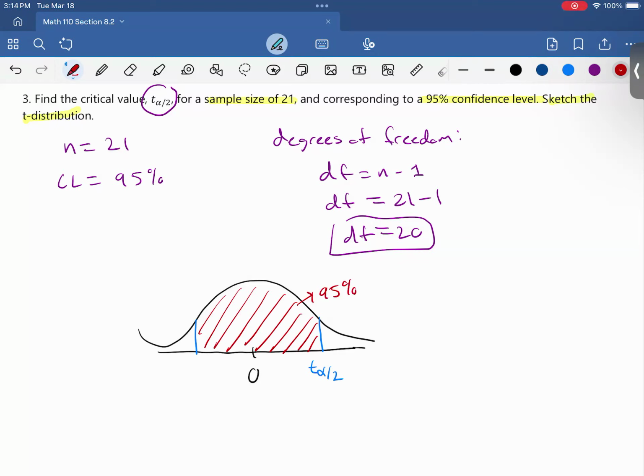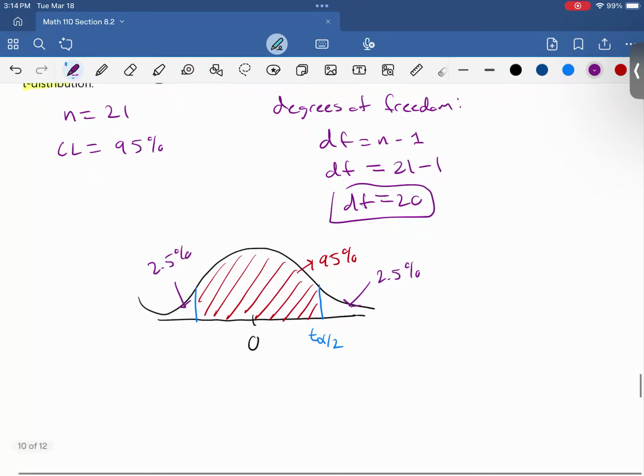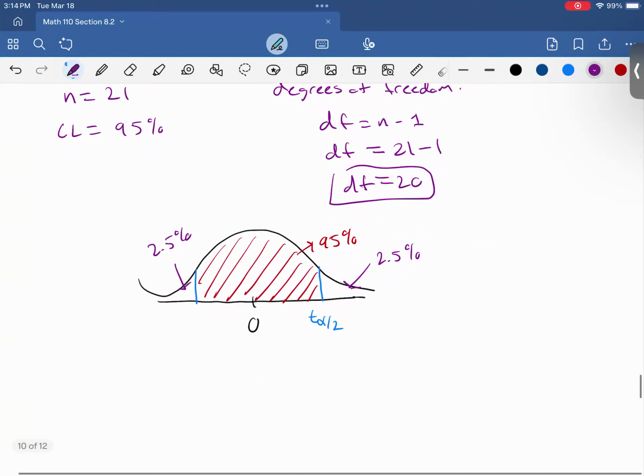If I have 95% in the middle and I'm missing some of these tails on the left and right, I'm missing 5%. So these two tails together are that 5%. If we cut the tails in half, we're going to have 2.5% on both sides, to get up to that 100% distribution.